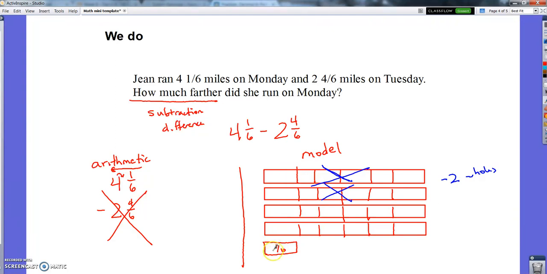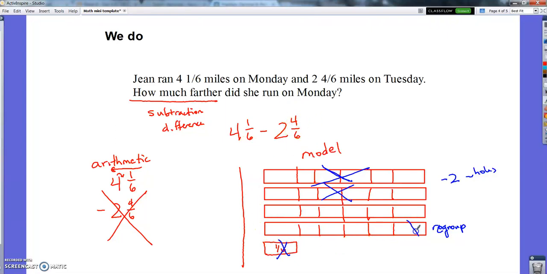And then I can't take away 4/6 from this, so I have to regroup this into 6ths. If you imagine I had never turned these into 6ths when I started, I'm going to regroup that whole into 6ths, and now I can take away 4/6.